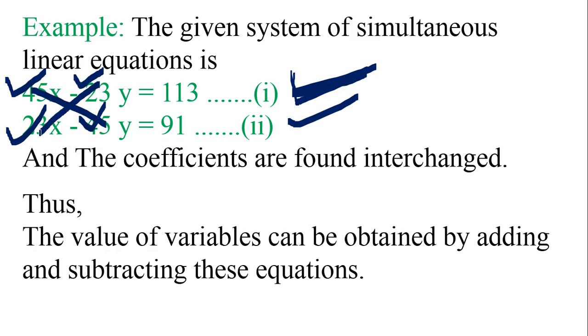Very simple. The coefficients are found interexchanged, 45 came here, 23 came here. Thus, the values of the variables can be obtained by adding and subtracting these equations. We can find the value of x and y very easily.